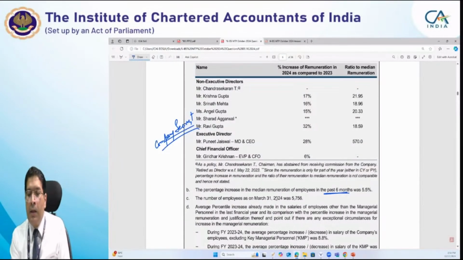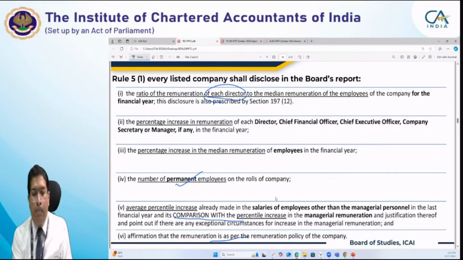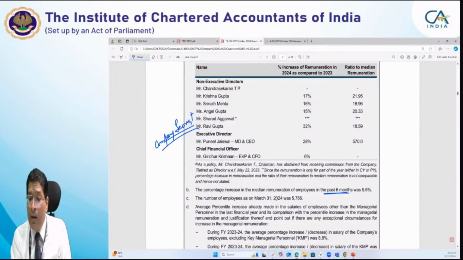Please see the third point, the percentage increase in the median remuneration of employees in the financial year, but they have given it for the past 6 months. It means this is wrong.